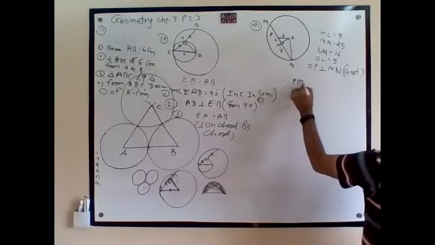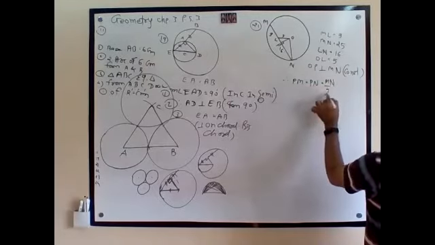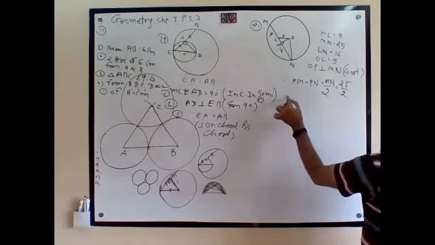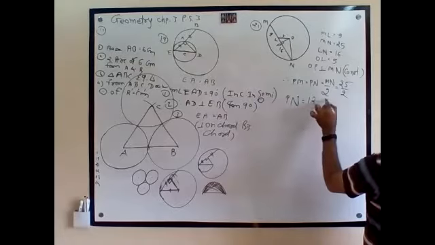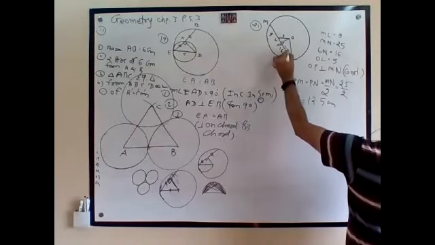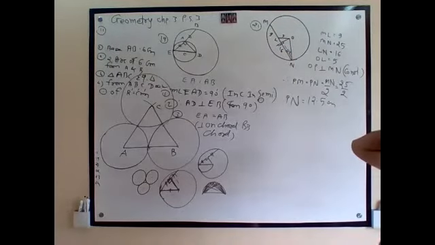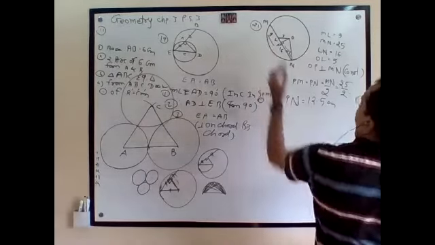Therefore PM is equal to PN is equal to MN by 2, that is 25 by 2. So PN, half of 25, is 12.5 centimeters. So this much is 12.5. Correct. This is also 12.5.